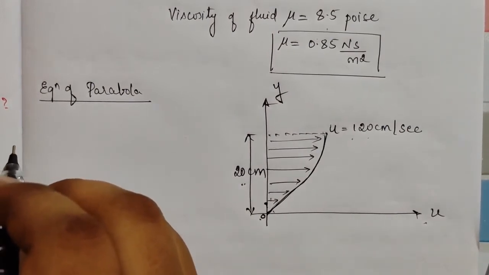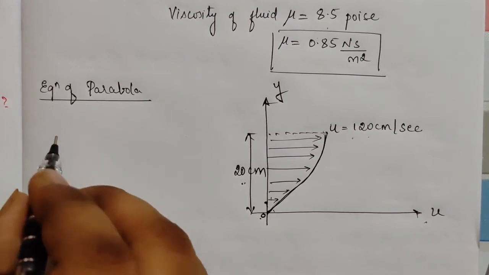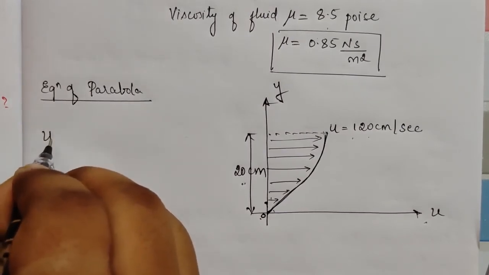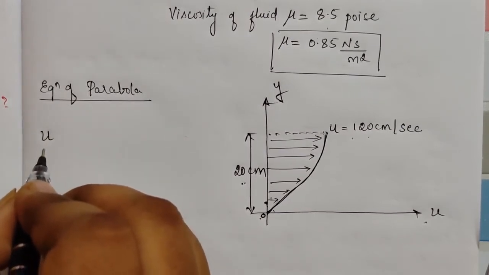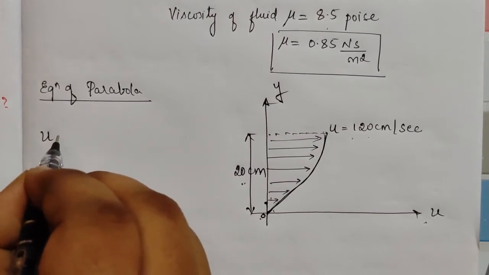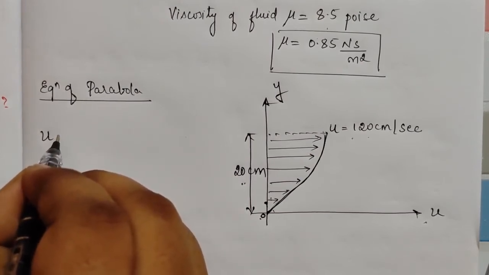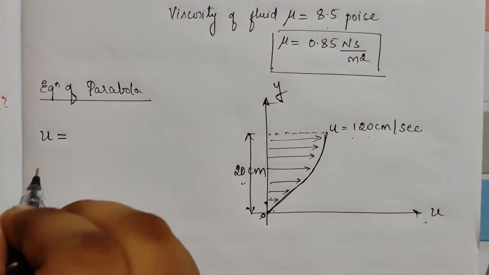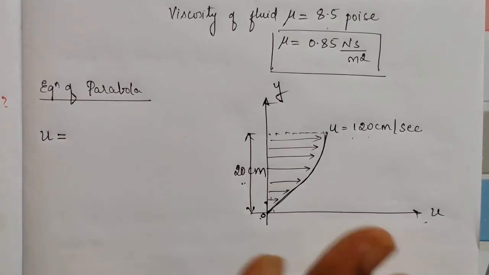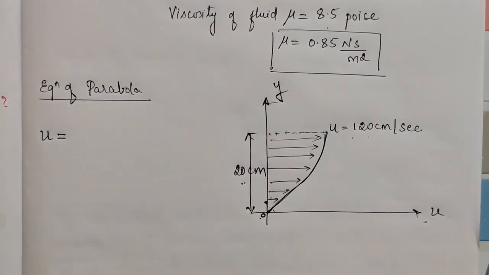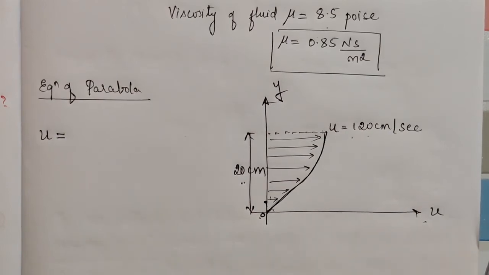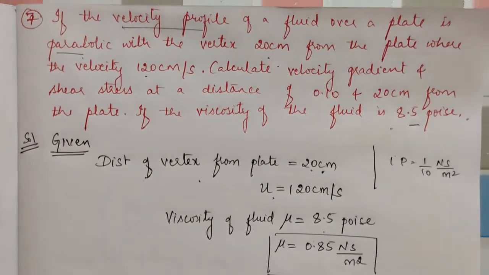In any problem, if they give a parabolic variation, we have to remember one equation with respect to the velocity profile. If you know this, you can solve this problem. If you can't interpret this, it will be difficult.